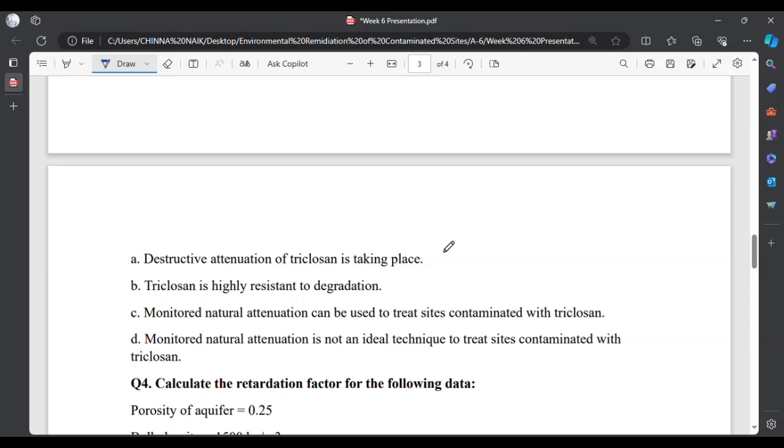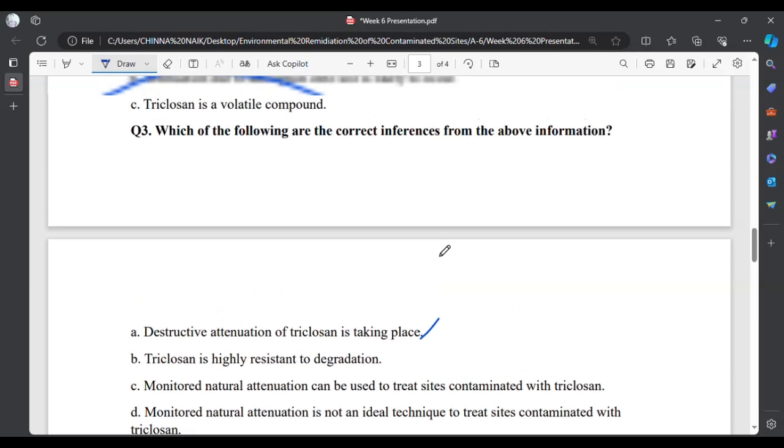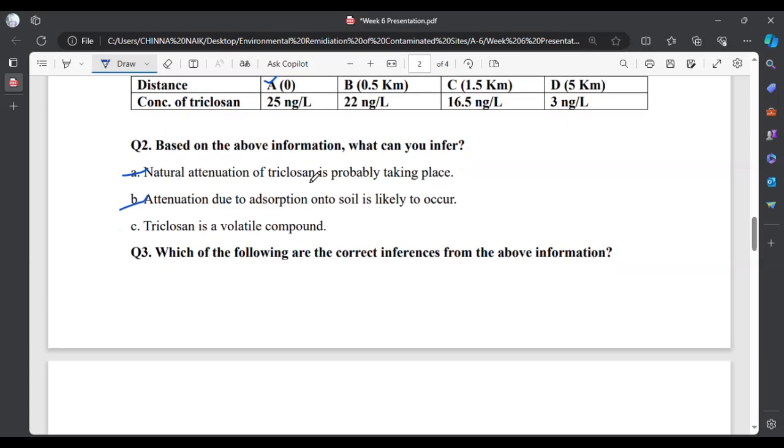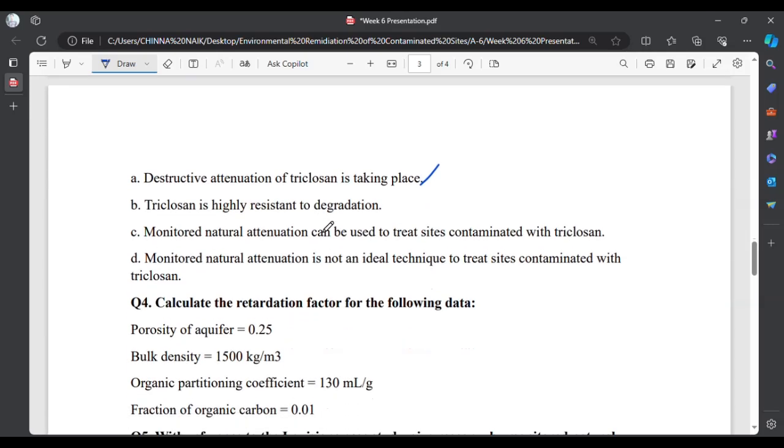Destructive attenuation of trichloroethane is taking place. That is, I guess, microbial activity we can expect, because the concentration from point A to point D decreased drastically, so we can expect natural attenuation, because trichloroethane can be degraded by microorganisms.